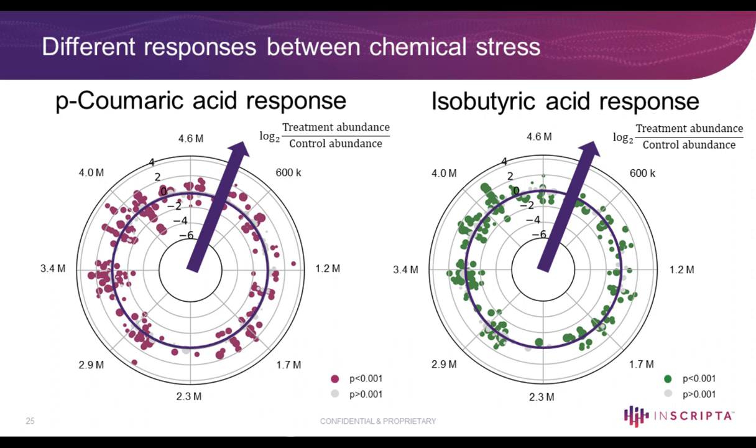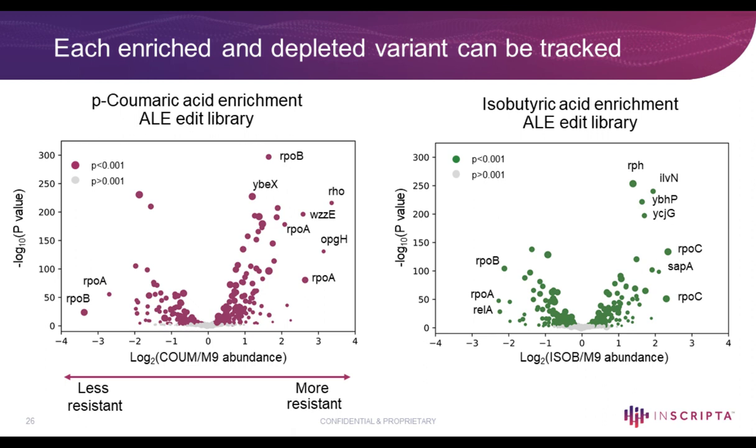So how do you unpack this data? With all of this data, there are really great plots that can be made. Another common plot that you might have seen if you've come from the RNA sequencing world is what is sometimes called a volcano plot. In this plot, the effect of enrichment or depletion is made along the x-axis.